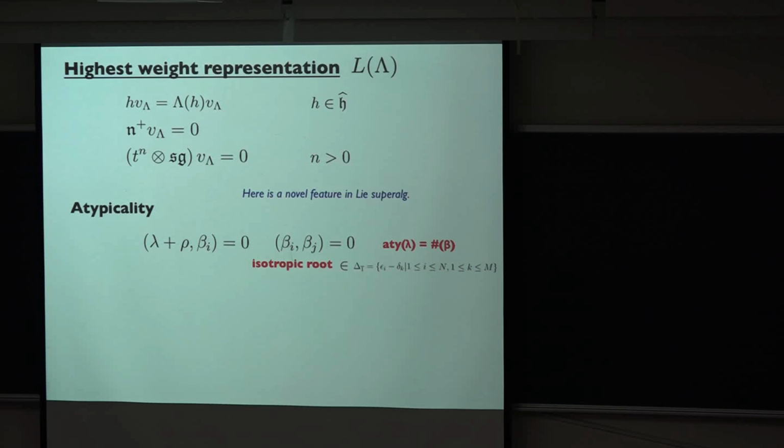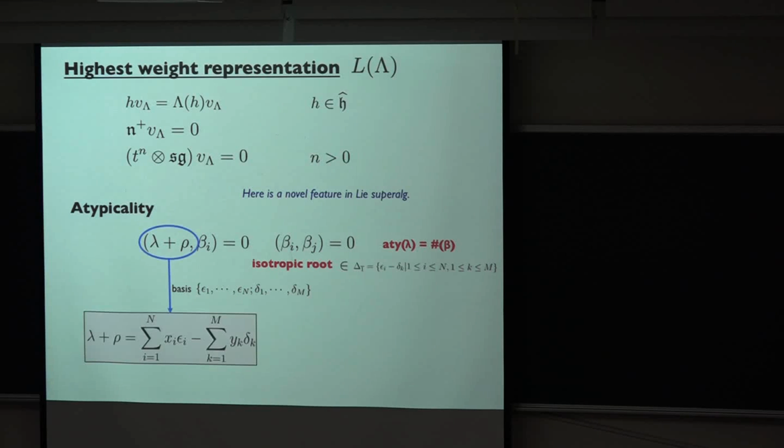I will propose, from the mechanical root analysis, the meaning of atypicality using the different configurations as I showed you before. I will also show you what the meaning of this is in our brane configuration. Using the basis, we can write down the highest weight in terms of xi, yk, just integer values for the quantum numbers associated to the affine Lie superalgebras.